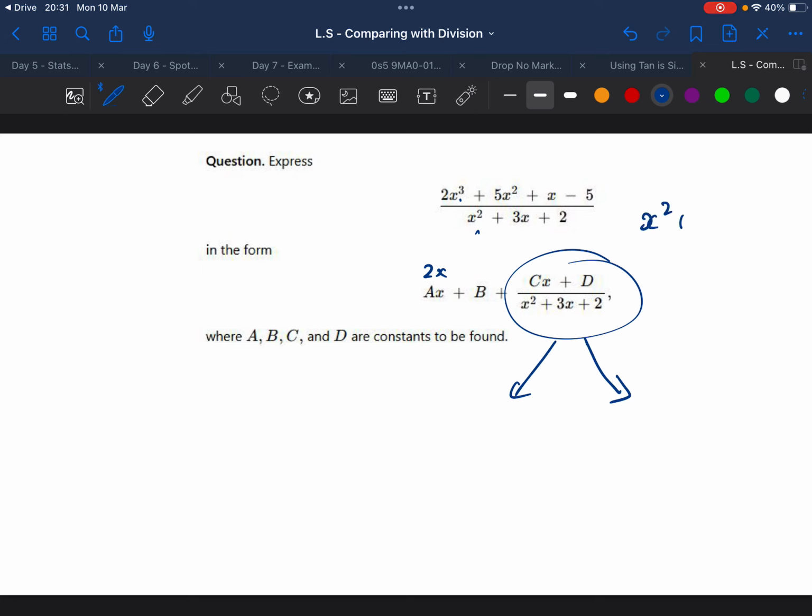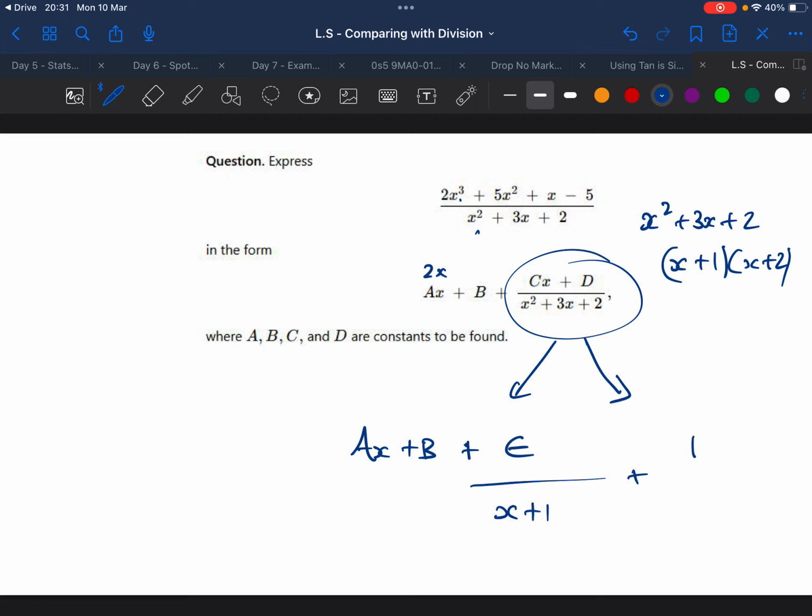Now notice that x squared plus 3x plus 2 is the same as x plus 1, x plus 2. So what you could do instead of trying to make it this format here, you could match it up with ax plus b plus some number. This would be a different c, okay? It's a different c to what's in the question. So maybe I'll use an e instead, to some number over x plus 1, and then let's do a different one again, to some number over x plus 2.